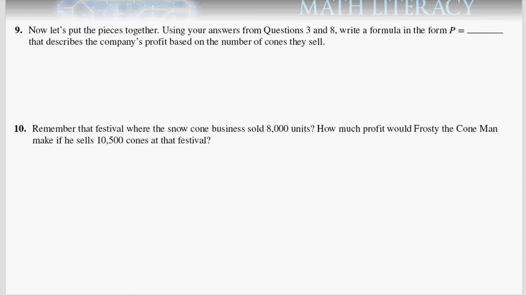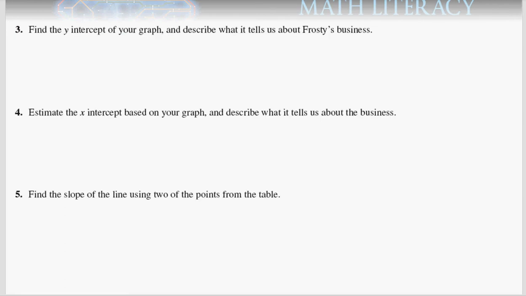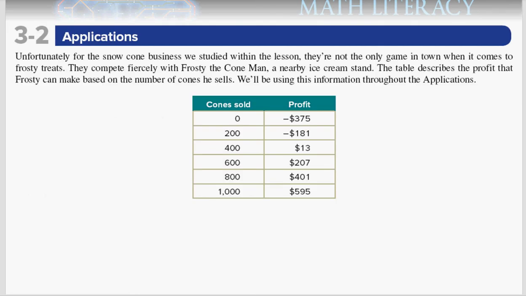Question 9, now let's put the pieces together. So you got question 3 and question 8. Question 3 was where you calculated the y-intercept, which was the value of y when x was equal to 0. So it's all based on the Frosty the Cone Man, so the ice cream stand.